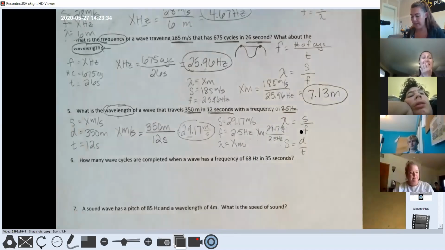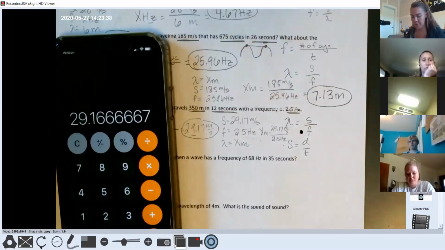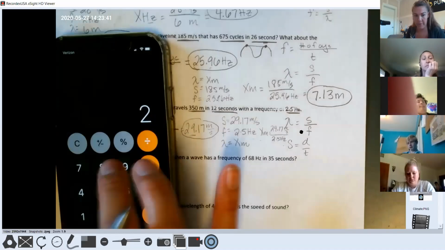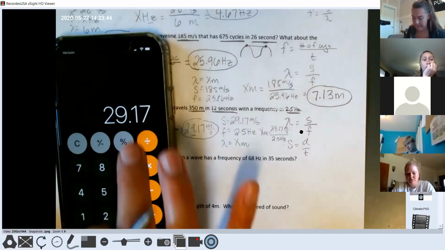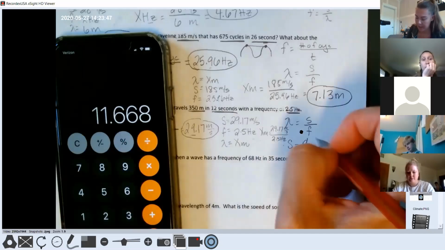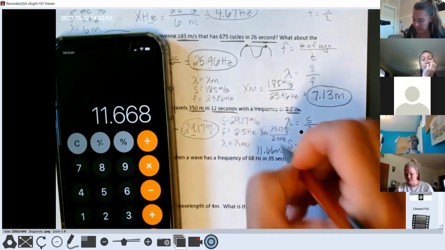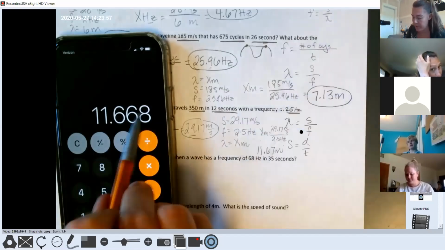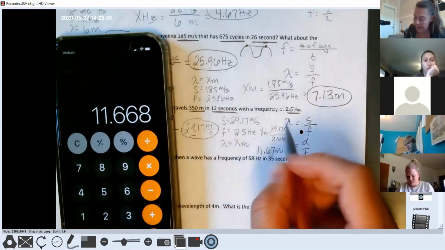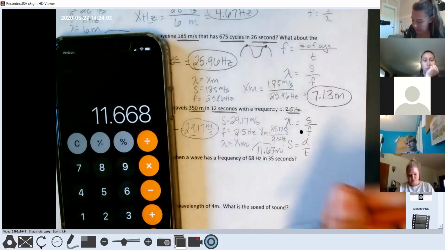And I'm just going to divide 29.17 by 2.5. That's going to give me 11.66. And since I'm looking for meters, actually let's round up to 7. So I took my 8 and used it to round up. And that is the wavelength of this wave.